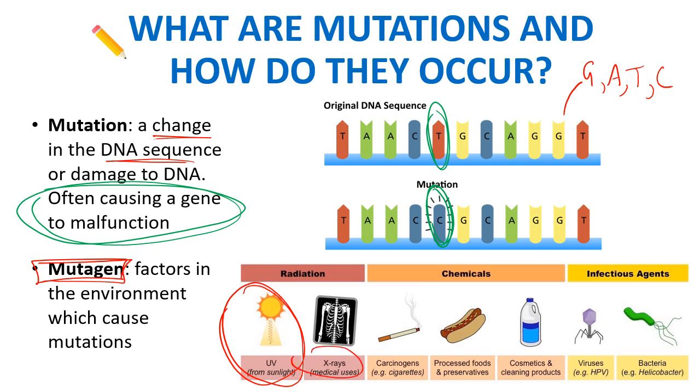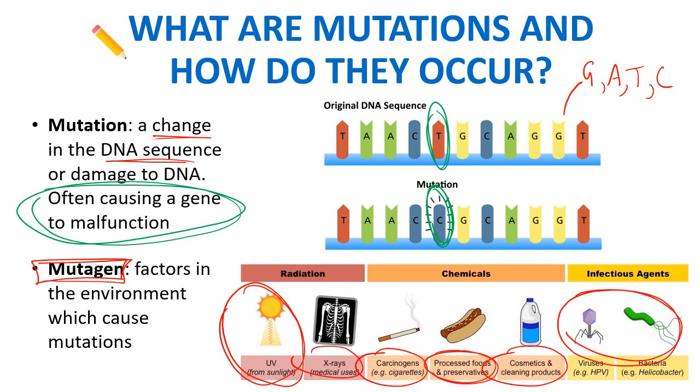X-rays are dangerous. Lots of carcinogens like cigarettes. Even processed foods have a high chance of mutating DNA. Lots of strong chemicals like cleaning products, and some viruses and bacteria can also cause mutations in our genes.